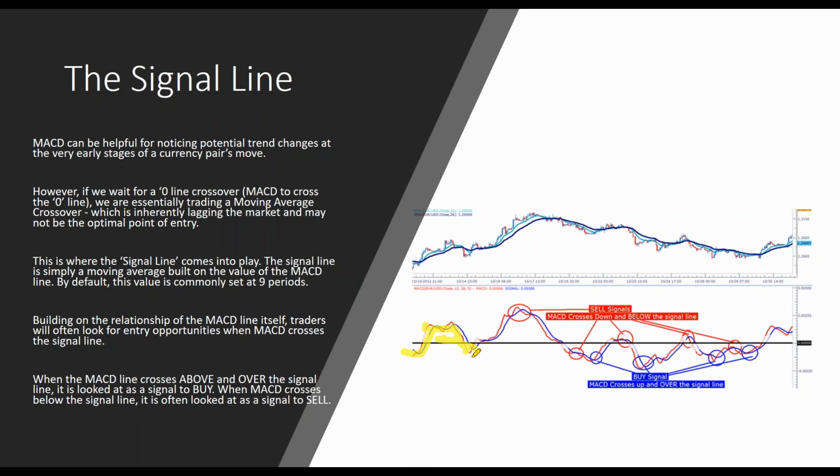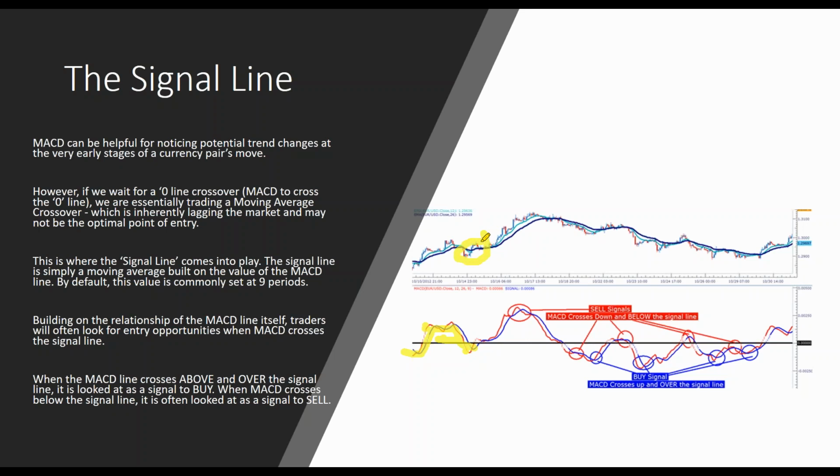So MACD can be helpful for noticing potential changes in trend at very early stages of a currency pair's move. However, if we wait for the 0 line crossover, when MACD crosses the 0 line, we are essentially trading a moving average crossover, okay? Which is inherently lagging in the market and may not be the optimal point of entry. So this is why we're not using just a simple moving average crossover.